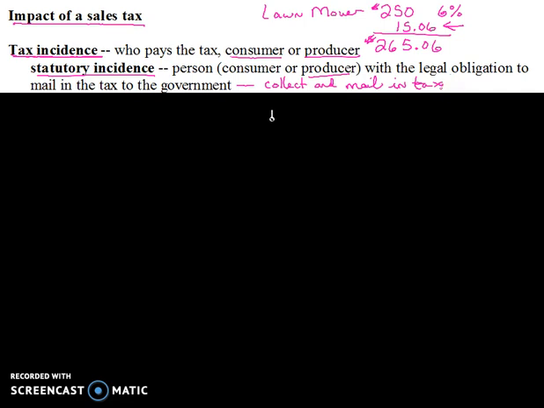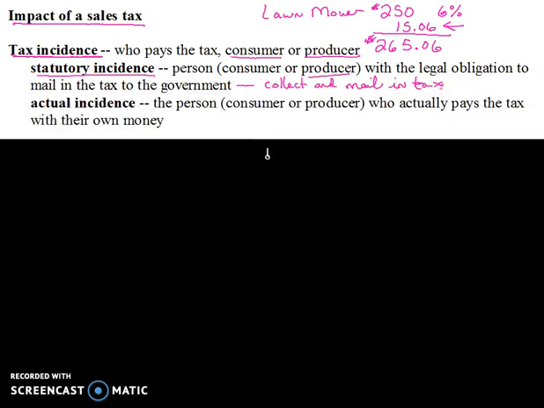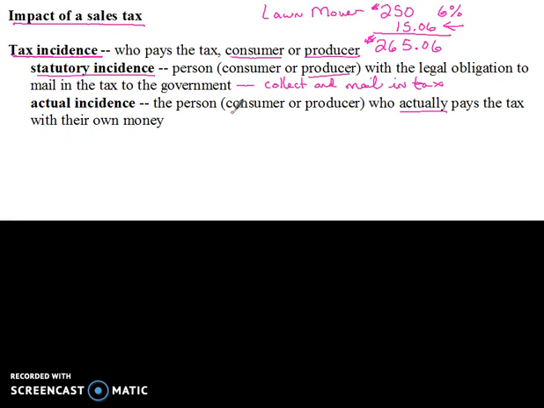That's statutory incidence. Now, the actual incidence is the person who actually pays the tax, and it could be the producer or the consumer, and in most cases it turns out to be both of them. Not always, and in this playlist, we will look at examples of when the consumer pays it, when the producer pays it, and when they both pay it.